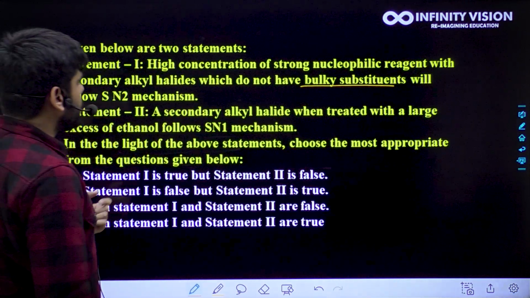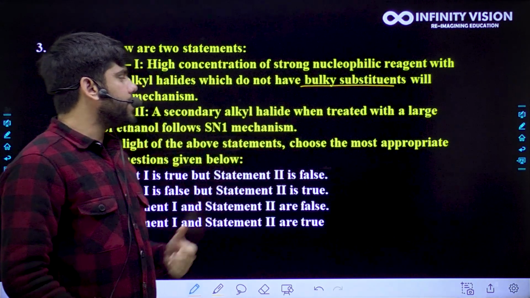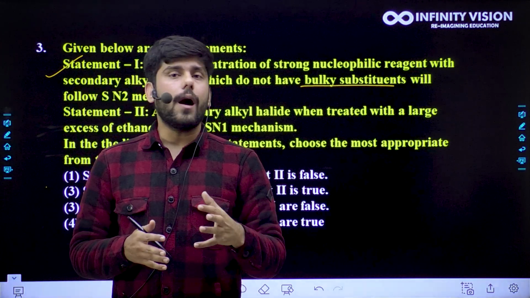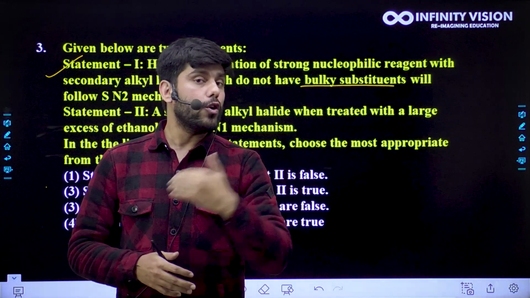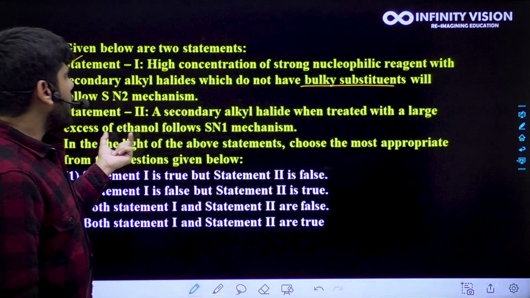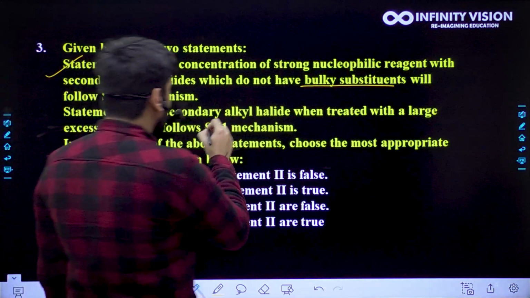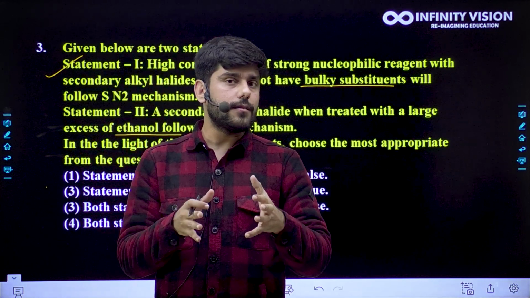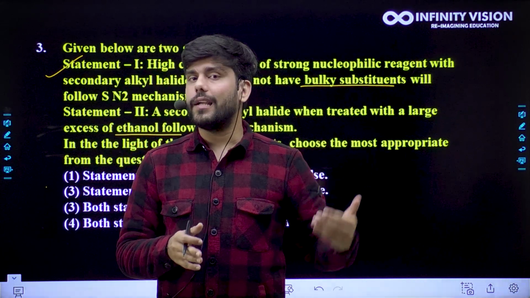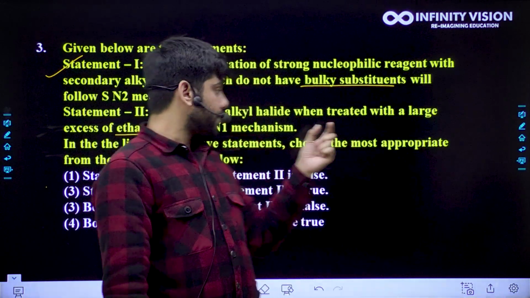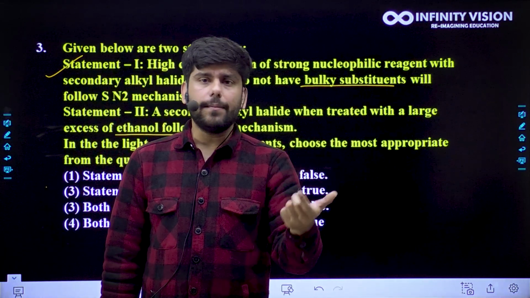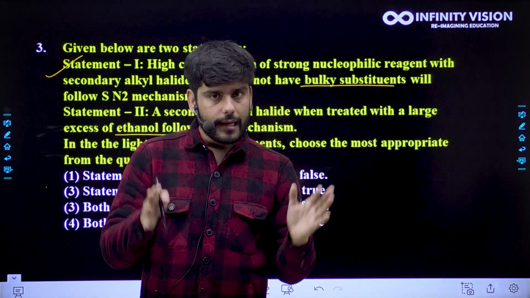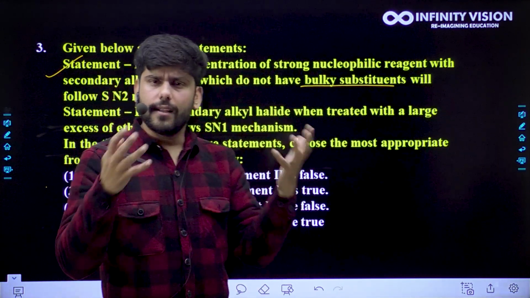Now statement number 2 says a secondary alkyl halide when treated with a large excess of ethanol. Ethanol, being a polar protic solvent, is also a nucleophile, right? And we know that in SN1 the polar part of this polar protic solvent stabilizes the unstable carbocation intermediate, and the protic part helps in the solvation of the leaving group, the negative part, that is the halide.